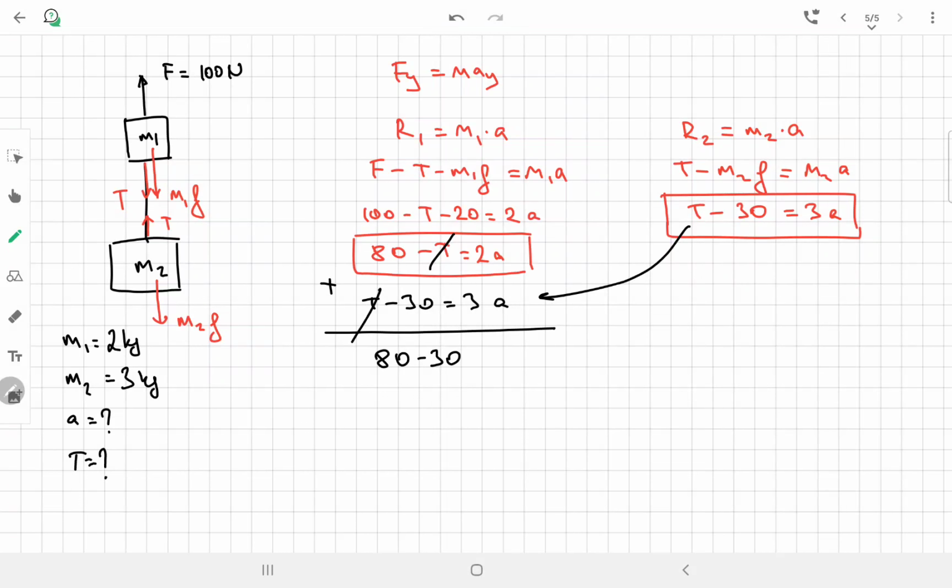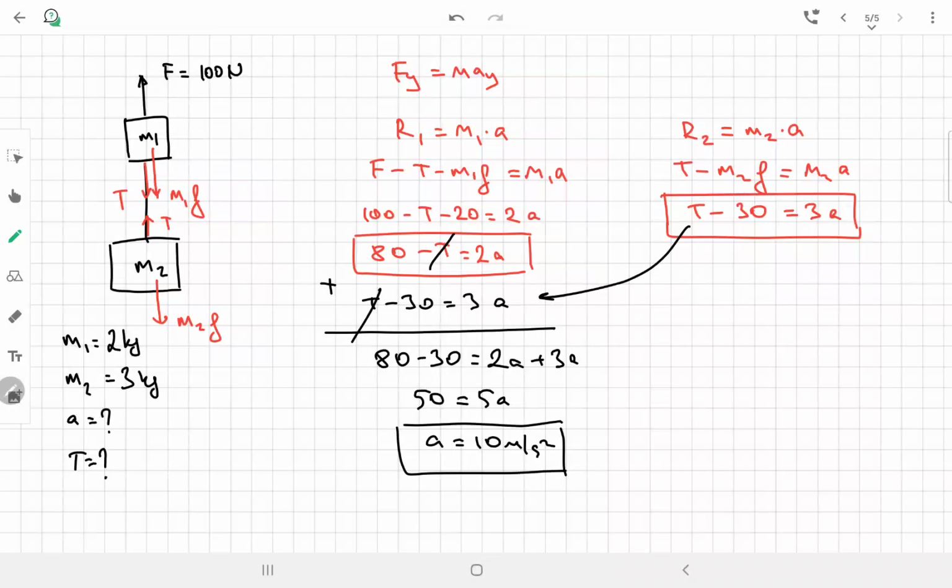This part is just mass, you can skip it actually. 2A plus 3A, or you can use a different method. 50 equal to 5A. So acceleration will be equal to 10 meter per second square. It will accelerate with acceleration 10 upward.